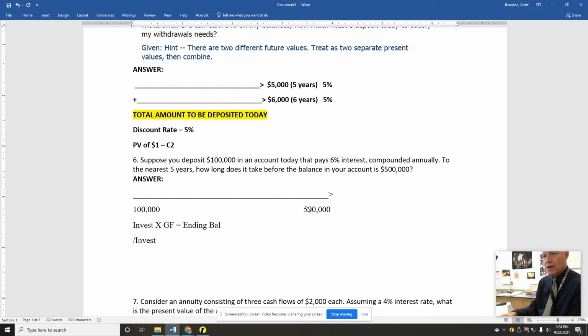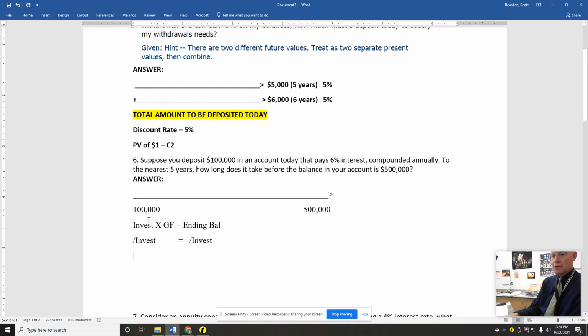You got the picture. I need to divide that side by my investment, and divide that side by my investment. What am I left with? Well, that cancels out. I'm left with my growth factor equal to ending balance divided by my investment. Okay? All right.